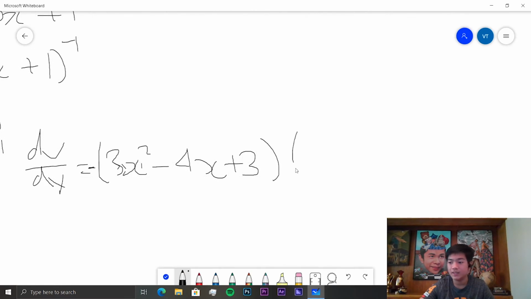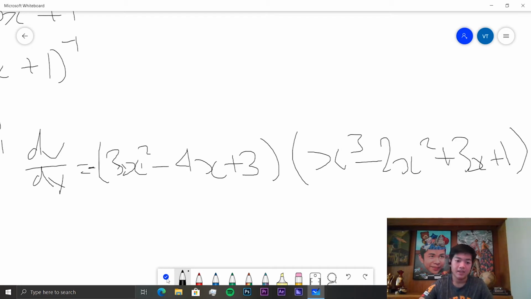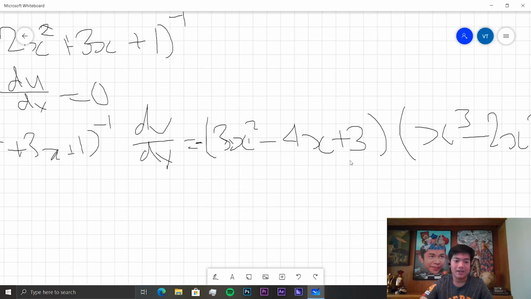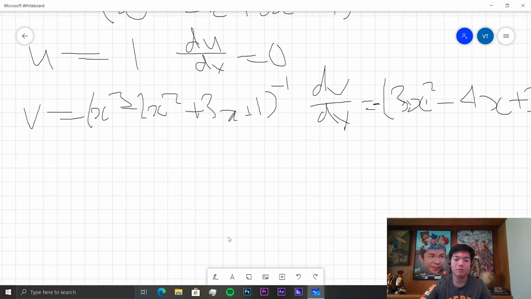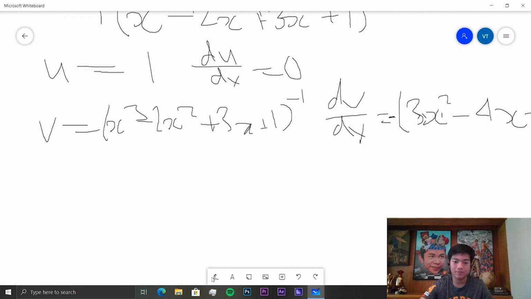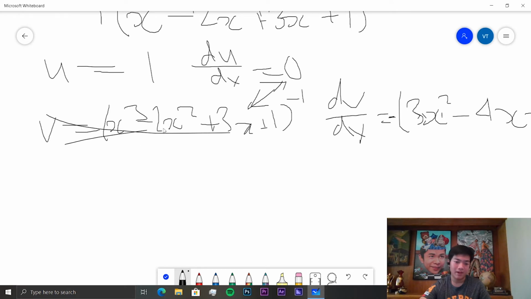So this would be times x cubed minus 2x squared plus 3x plus 1. Since we were multiplying this by 0 over here, this part won't matter.